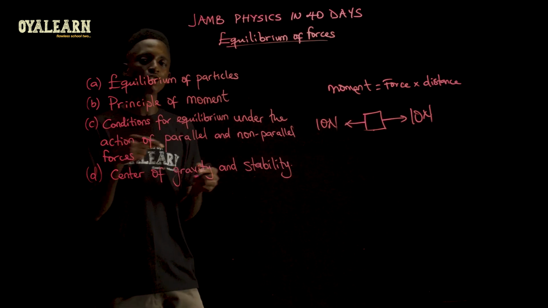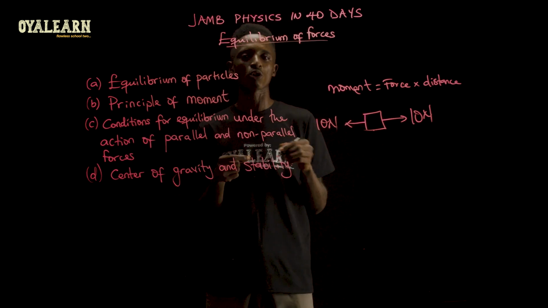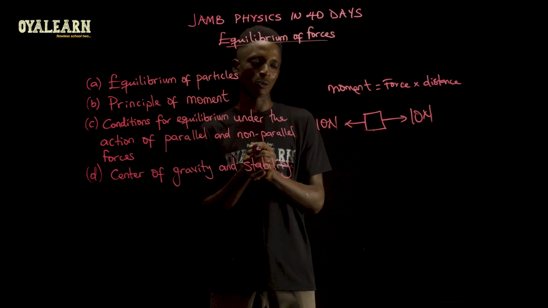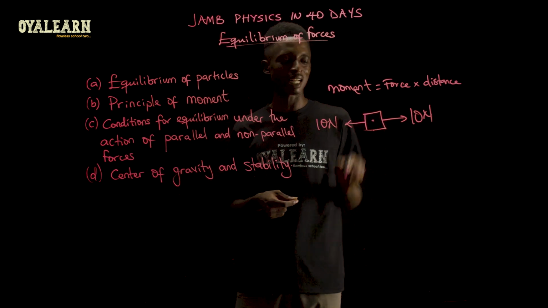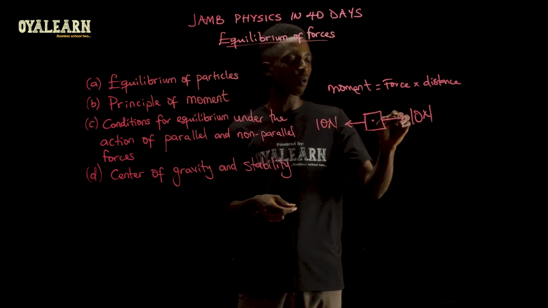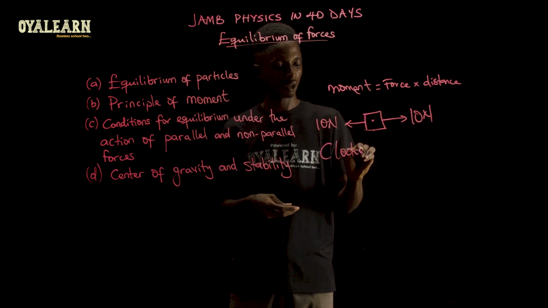Now the second condition is that the algebraic sum of the moments about any point on the body must be 0. That is, when you take moment about an axis, if this is the axis that I'm working on, the clockwise moment must equal the anti-clockwise moment. So let's put that down.